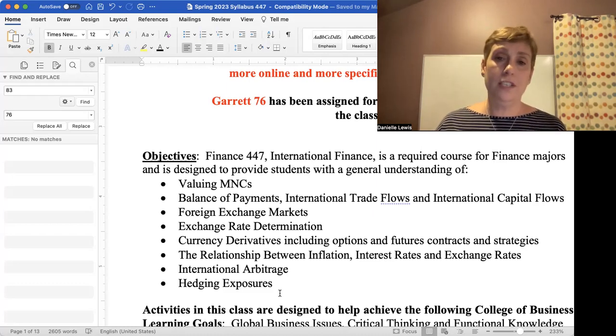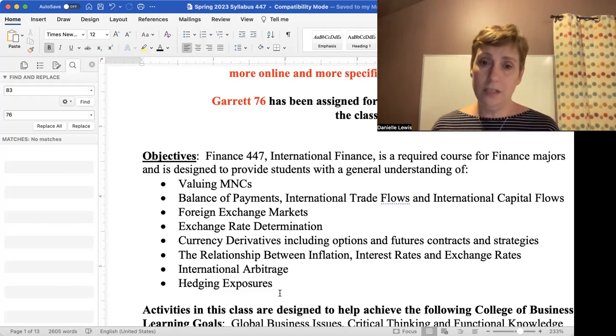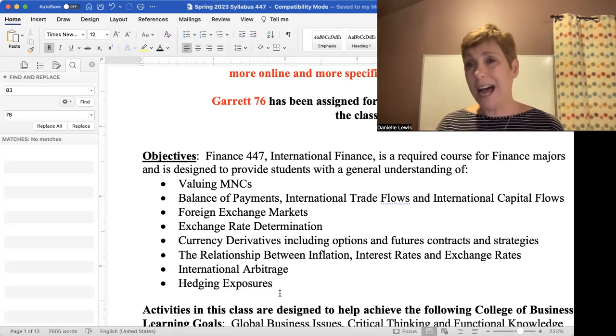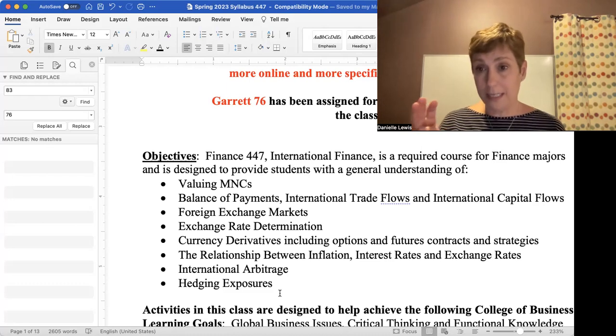Then we're going to talk about a series of parity conditions, which are interest rate parity and purchasing power parity, and which are also dealing in differences in interest rates and differences in exchange rates. And it ties basically three markets together.